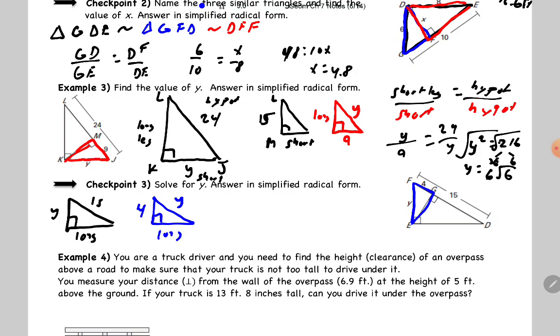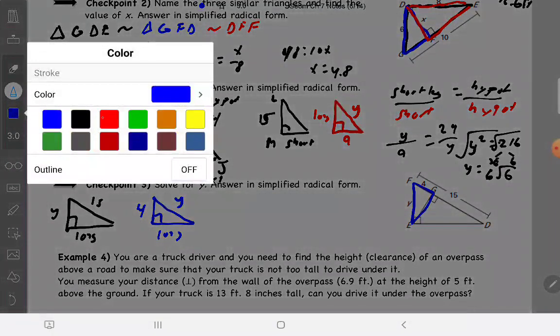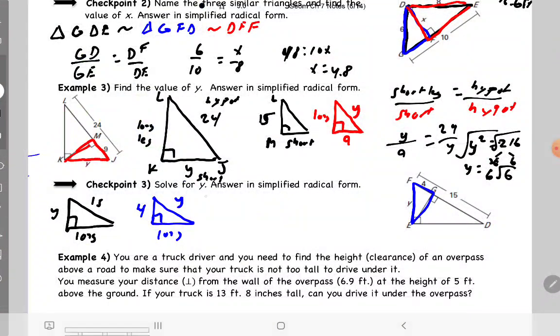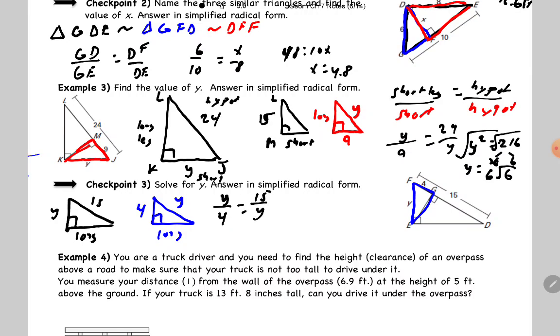So right here, I don't need to do the third triangle because these both have the short leg and the hypotenuse. So we can set a proportion. Okay. So I'm going to do short leg of the left triangle over short leg of the right equals hypotenuse of the left over hypotenuse of the right.